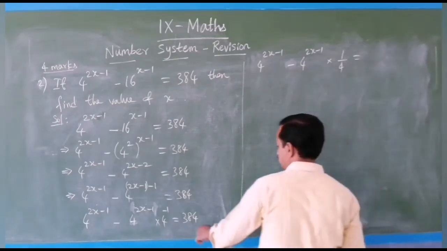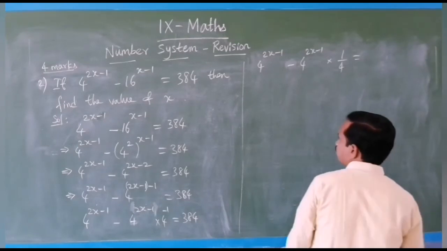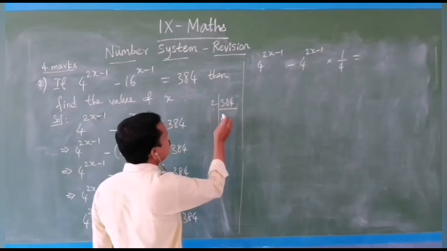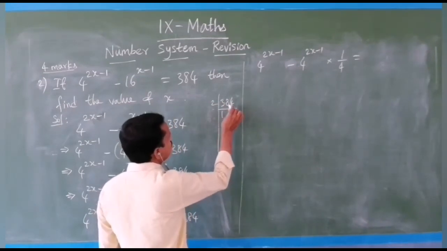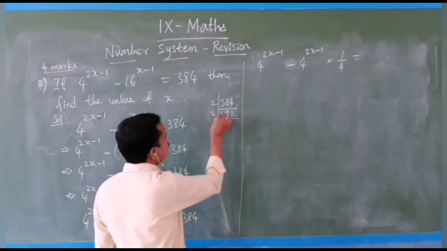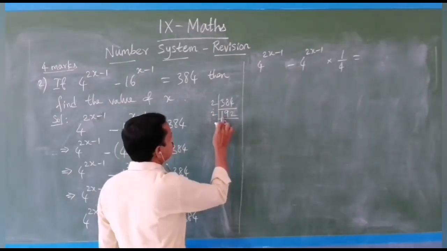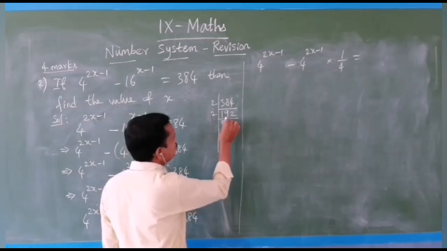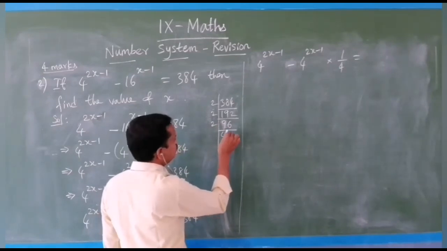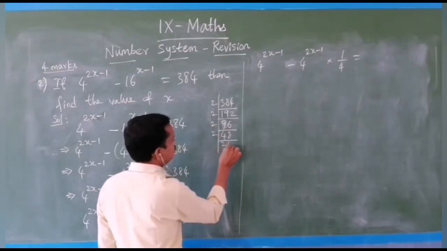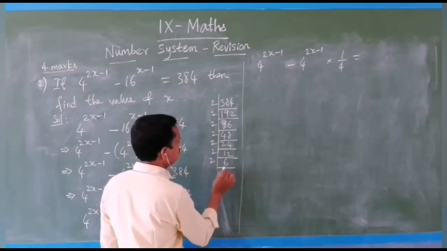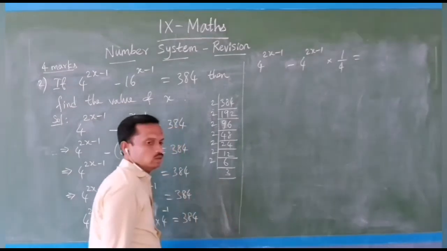So this is 384. Now we can change it to the prime factorization. 384: 2 into 192, 2 nines are 18, 2 into 96, 2 into 48, 2 into 24, 2 into 12, 2 into 6, 2 into 3, and the last is only 3.